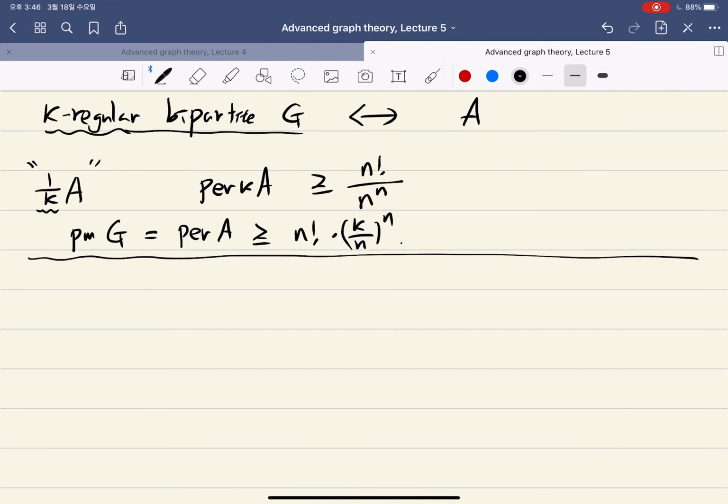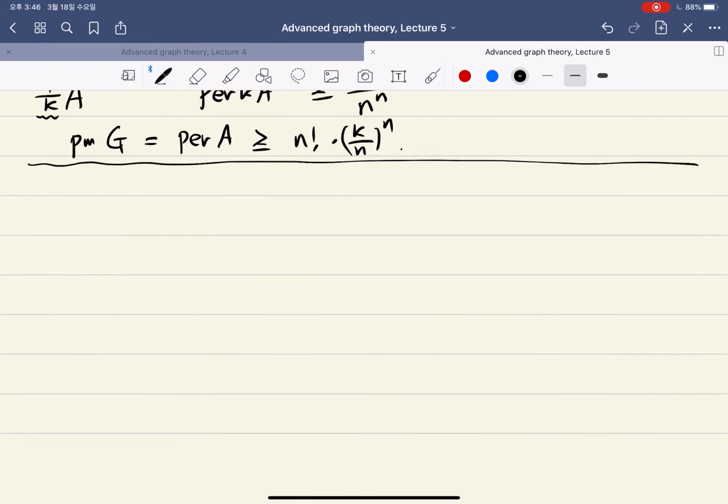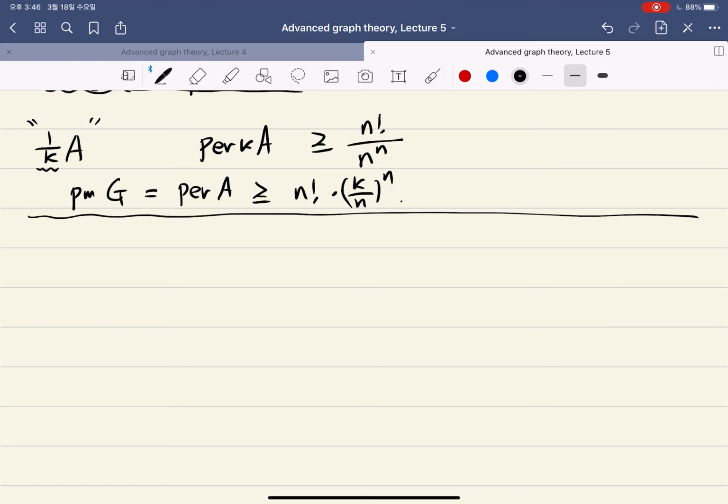For the same setting, we also want to find an upper bound on the number of perfect matchings of a k-regular bipartite graph G. And for this, the following theorem provides an upper bound. This is something called Bregman's theorem.